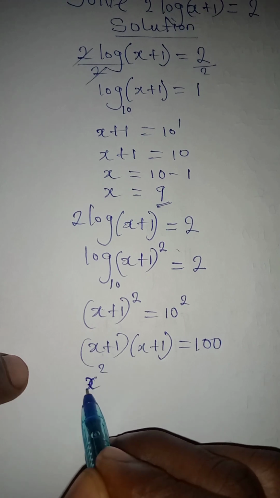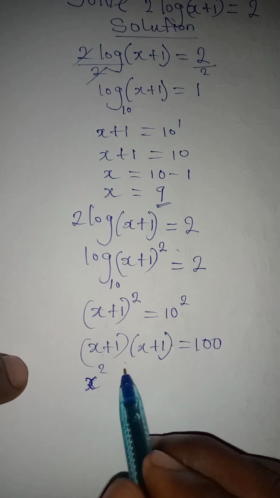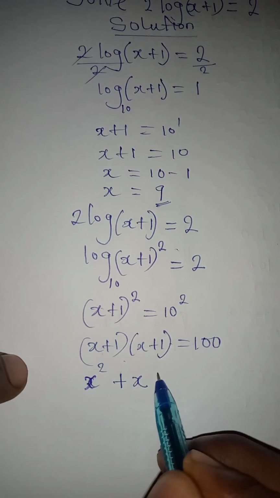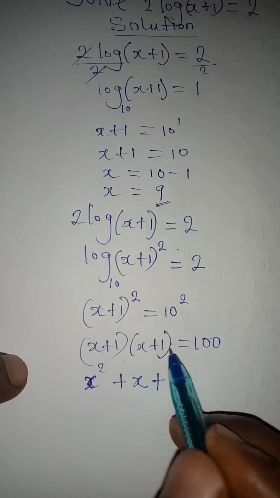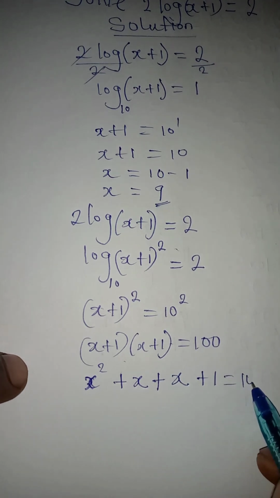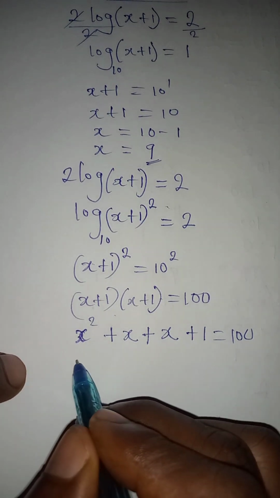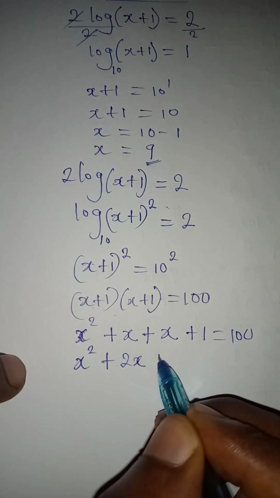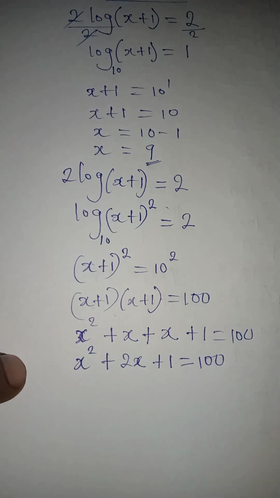Then x times 1, that will give us plus 1x, then 1 times x, that will give us another plus x, then 1 times 1, that will give plus 1, which will be equal to 100, right? Then if we proceed, we will have x squared + 2x + 1 to be equal to 100.